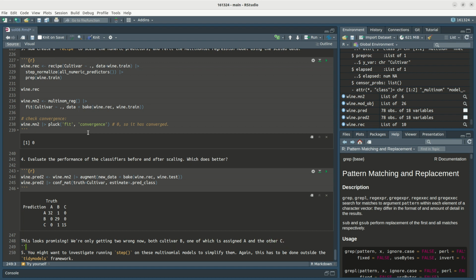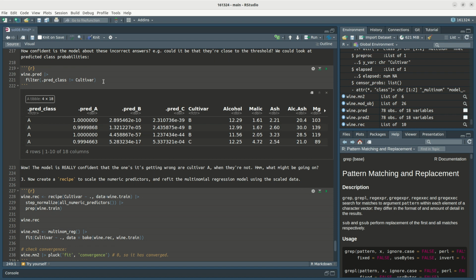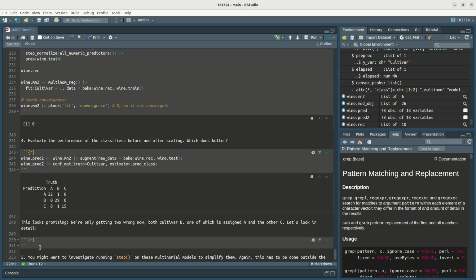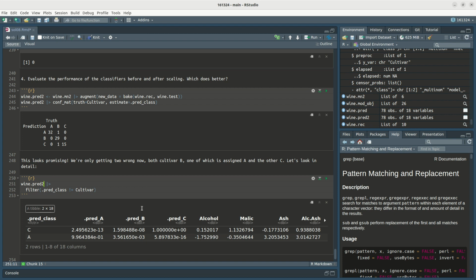Okay, we might also look in detail. We could use that same code that I had before to just have a look at the 2 that are wrong. So you can see that the one that we've predicted as being class C, we're actually super confident about it, aren't we?